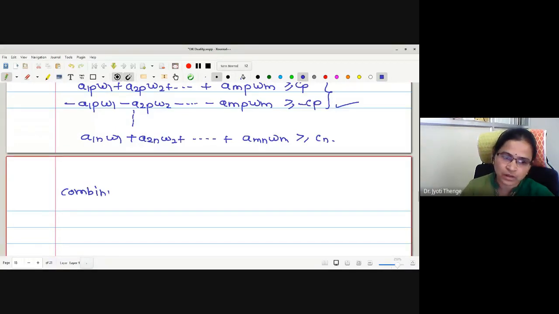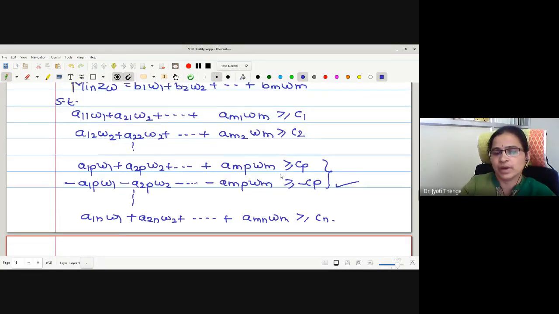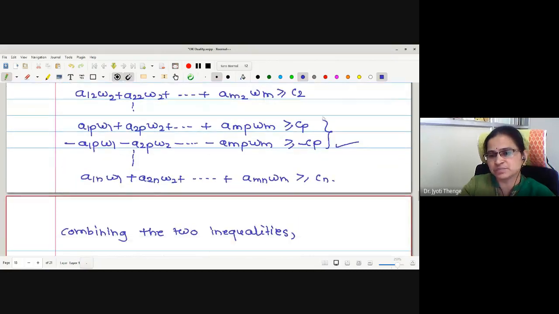Combining the two inequalities, shall I name them p and p plus 1?